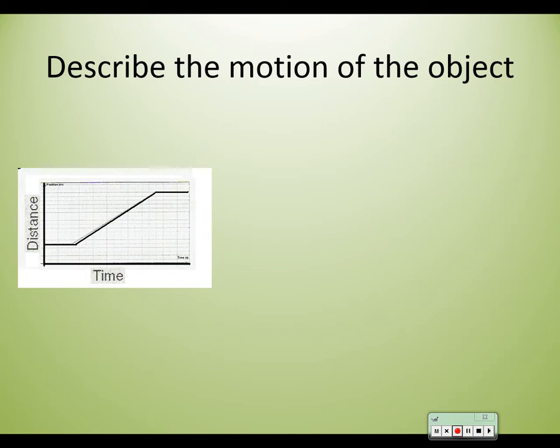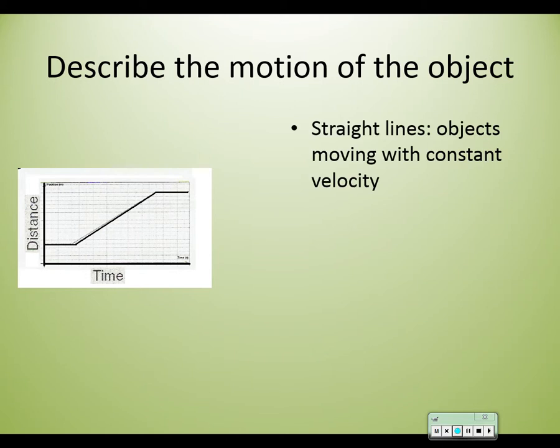It stops again. Is it in the same spot that it was at the beginning? No, but it is stopped, right? So, two things we get out of this first graph, right? Straight lines on position versus time graphs are objects moving with a constant velocity, because straight lines have constant slope.